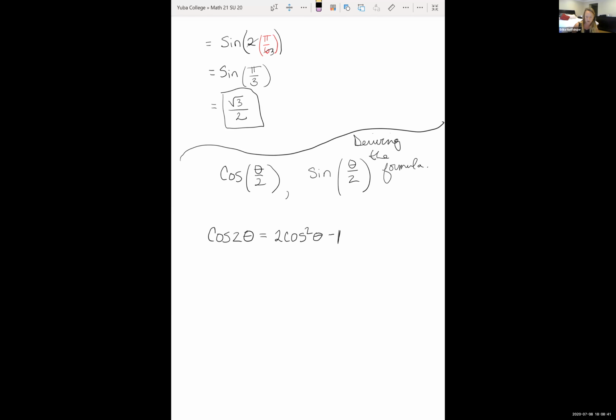So here, let's isolate cosine squared theta. If I add 1 to both sides, we get cosine of 2 theta plus 1 is equal to 2 cosine squared theta.